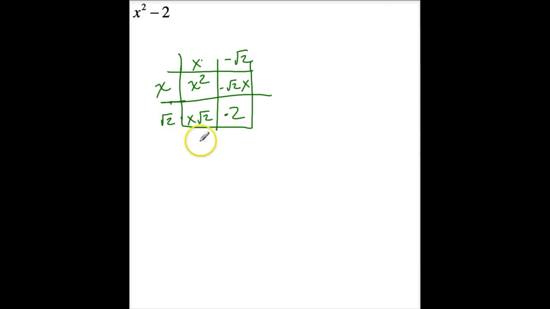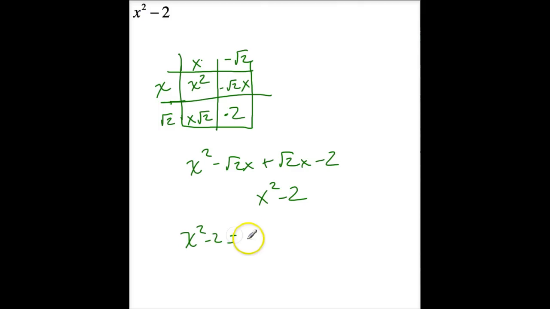So when I add the areas up, I've got x squared minus the square root of 2x plus the square root of 2x minus 2. So this is x squared minus 2. I know this seems like a long way to say that this factors into x plus the square root of 2 times x minus the square root of 2.